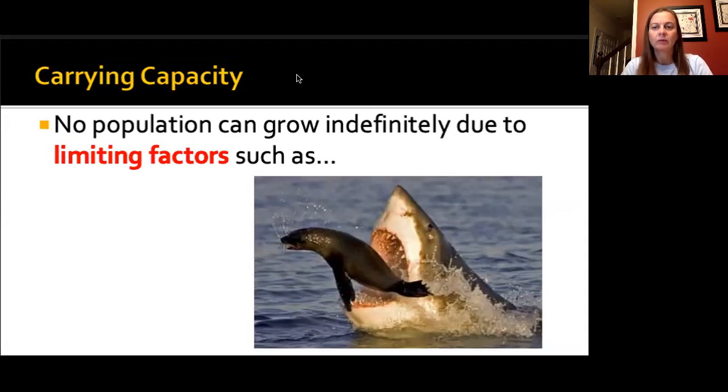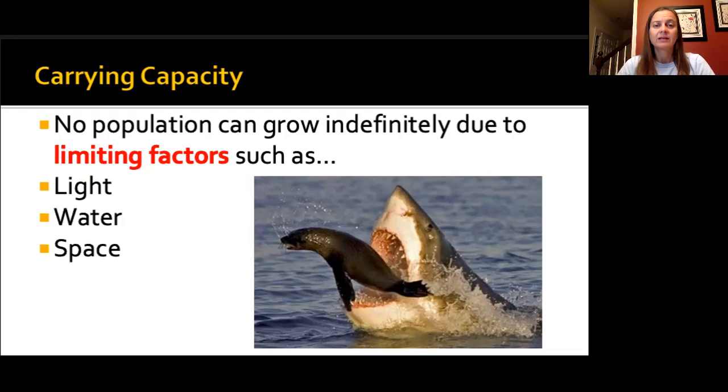If we think about autotrophs or photosynthetic organisms, obviously light is going to be a limiting factor. It's also limiting for other organisms as well, but particularly for those autotrophs. Water, of course, is a huge limiting factor, both for plants and for animals.